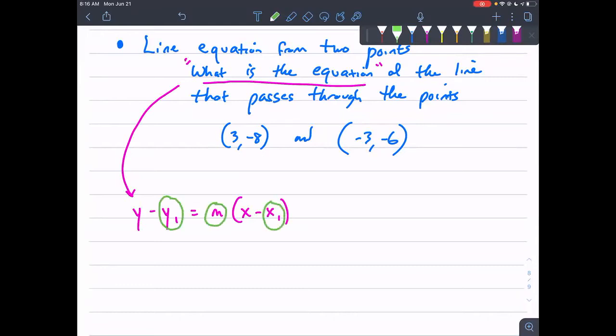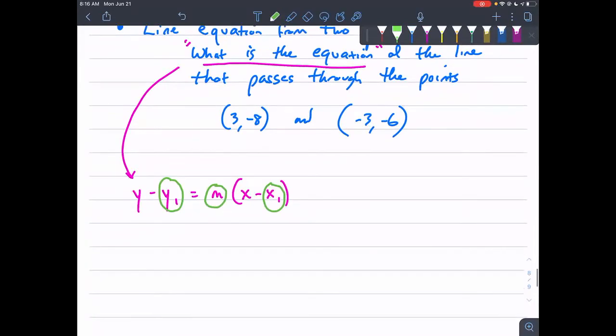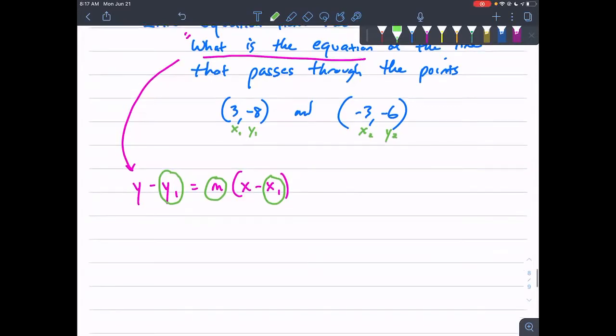y1, m, and x1. By the way, up here with these ordered pairs, (3, -8), that's always x first and then y. The (-3, -6), always x and then y. And you can label them x1, y1, x2, y2, the first pair and the second pair. y1 is going to be -8, so we're subtracting whatever y1 is.